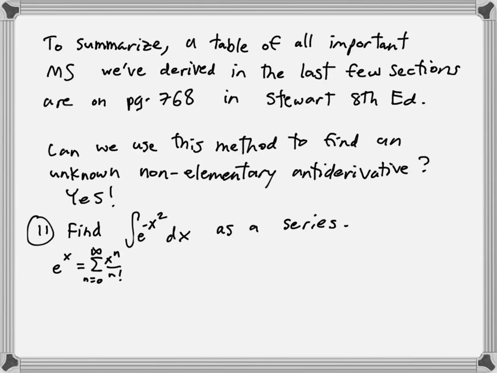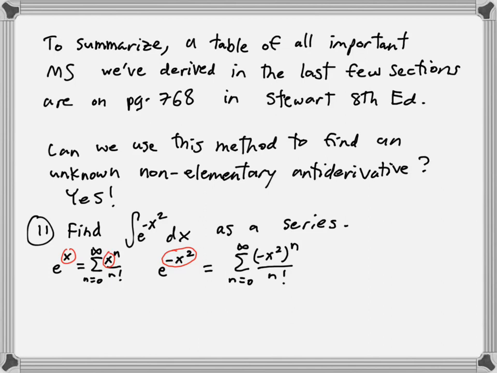So what we're going to do now is just replace the x in here, right? Before it was an x, now we're going to replace it with negative x squared in the formula, right? And so we end up with negative x squared to the n over n factorial, all right?